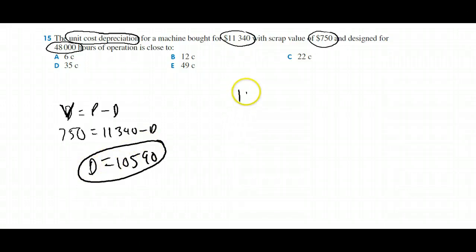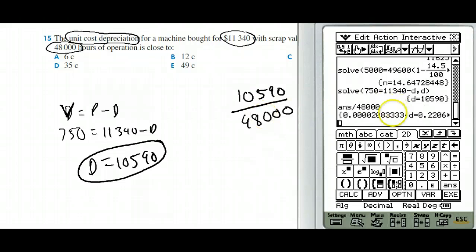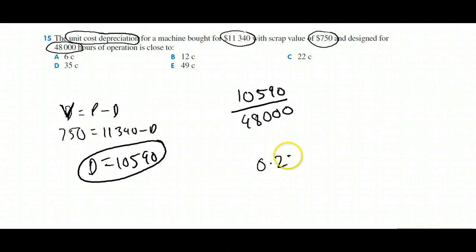And then if we divide the amount of depreciation by the number of jobs that it did, or operations that it did, 48,000 hours of operation, divide that by 48,000, then we will get the unit cost depreciation, okay, which is a very small number it seems. 0.22 dollars per hour.